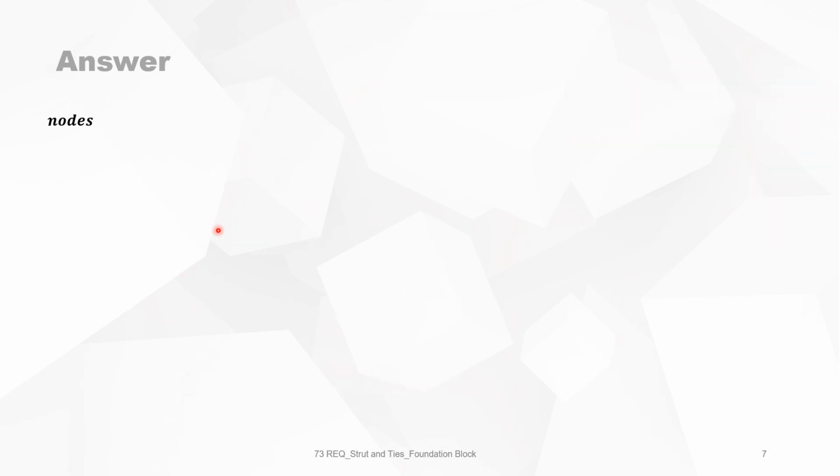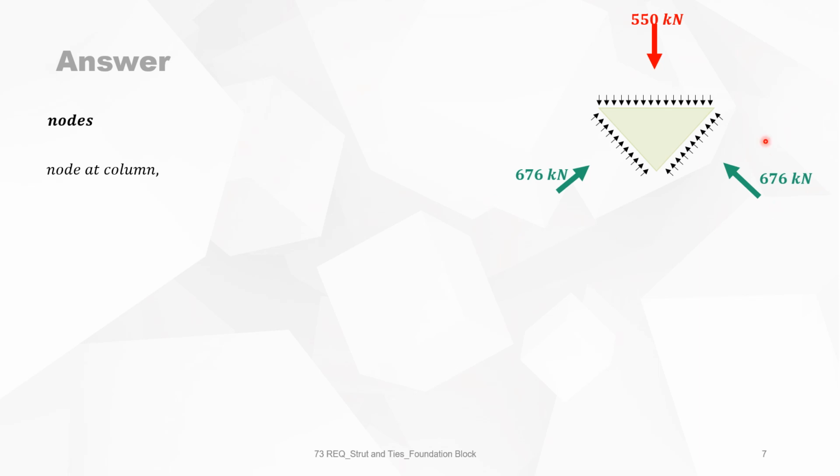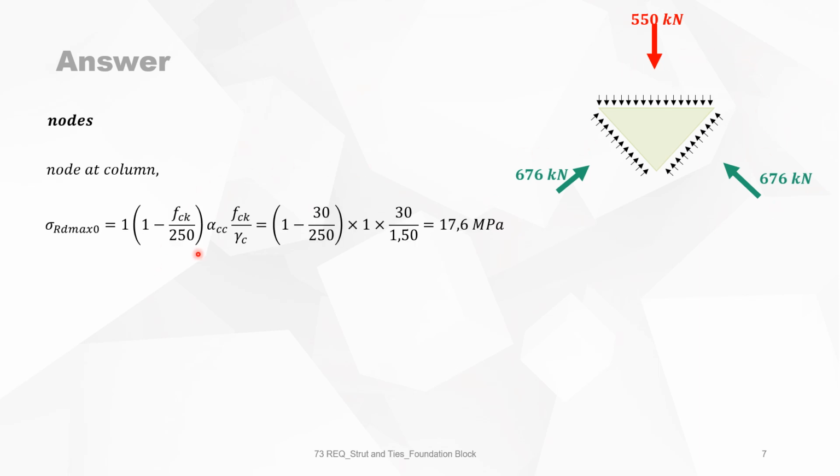We will check now the different nodes. We start with the node which is in complete compression on the top of the bearing block, which is the load of the column meeting the two compression struts with their forces. For this node, the maximum allowable compressive strength is then equal to 17.6 megapascal, with alpha CC here 1.